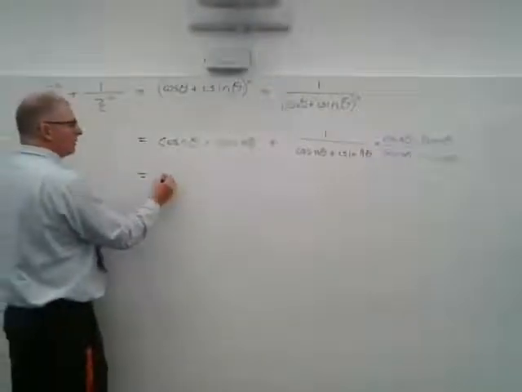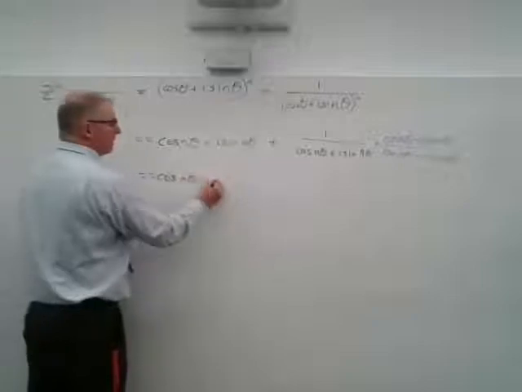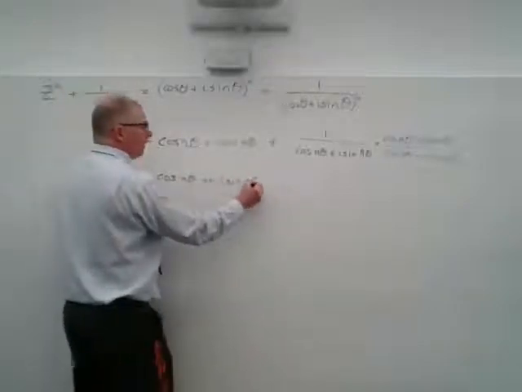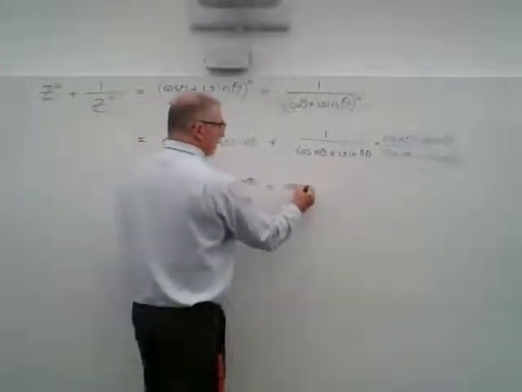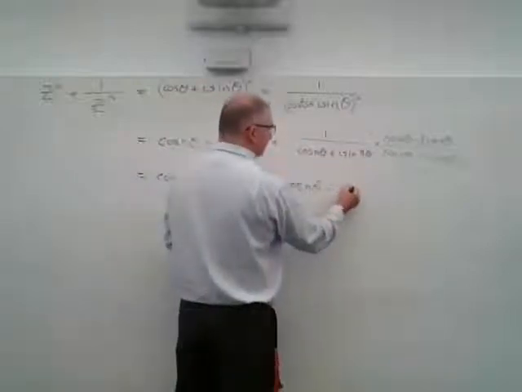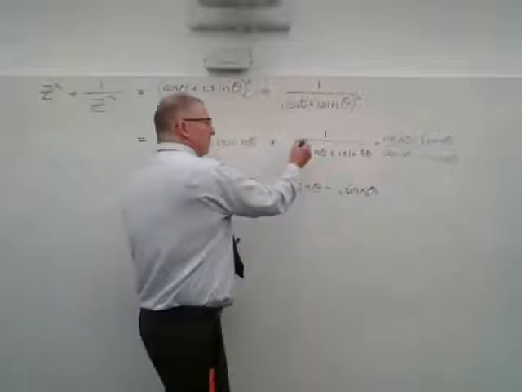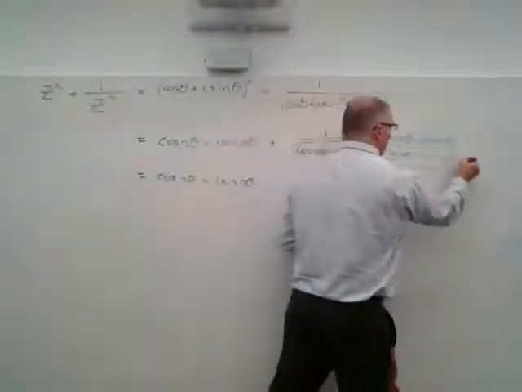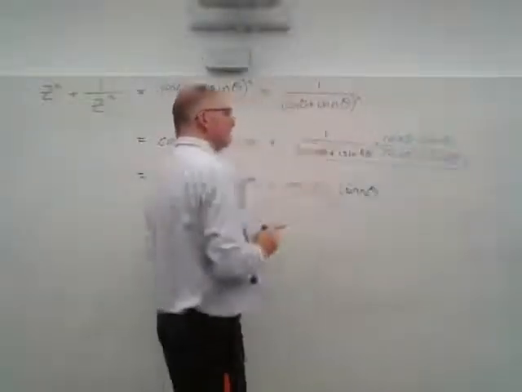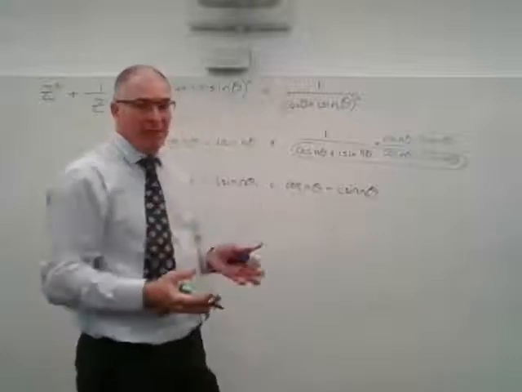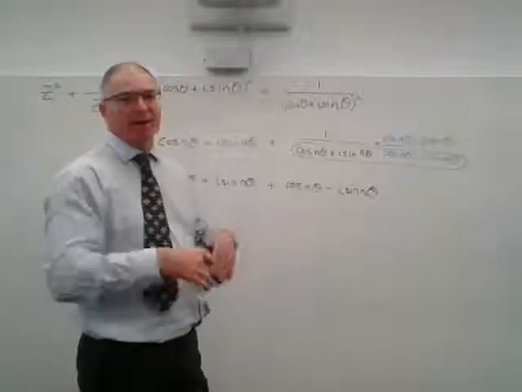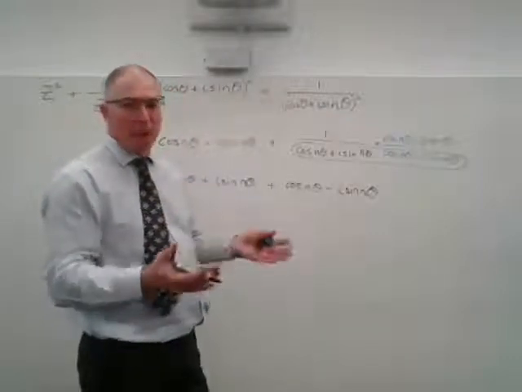So we end up with cos n theta plus i sine n theta plus cos n theta minus i sine n theta. And the reason is because this will become cos squared n theta plus sine squared n theta, which is 1.